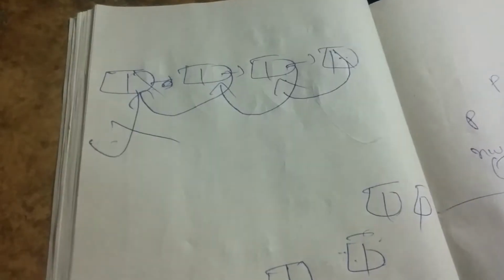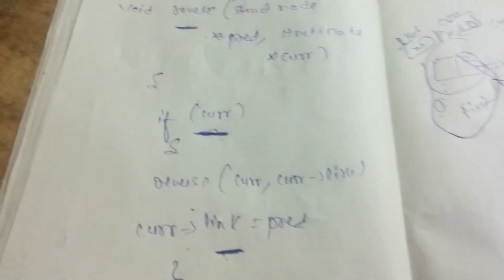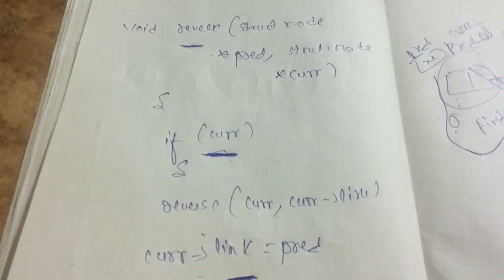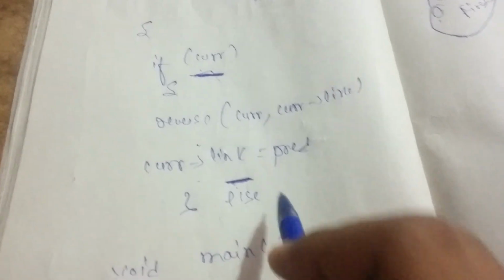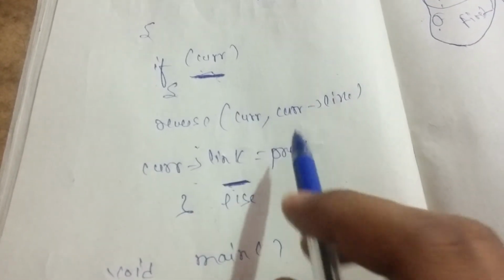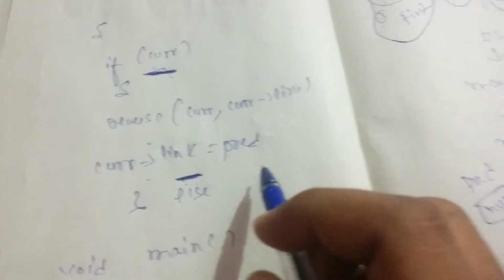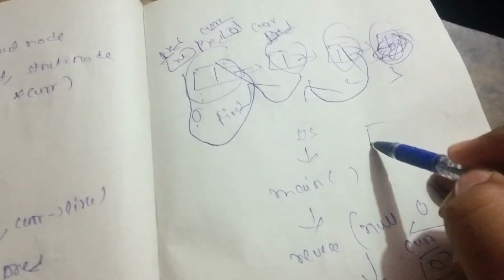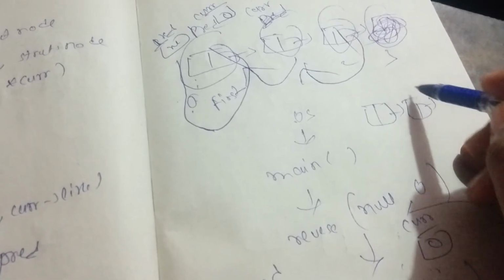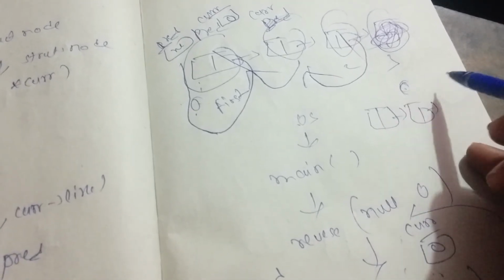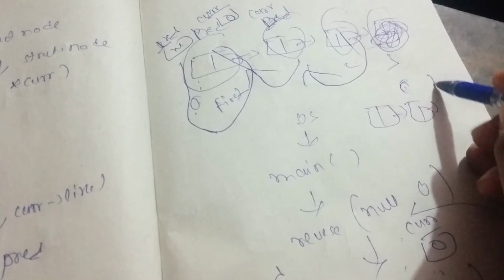And I think in the recursive method we forgot to see the other part actually. Current link equal to predecessor, right? If there is a current link, we point it to the predecessor, and again there's another call to it. Else, if there is no current link, like the last, we are moving to the stage where this is going to become current, and current next is going to be null.